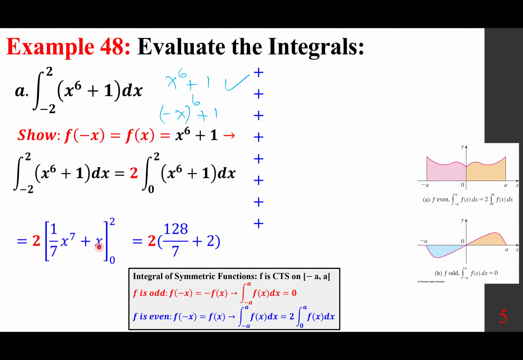This is 2, because this is 7, 14 over 7. And therefore, 142 over 7. 2 times that, 284 over 7.